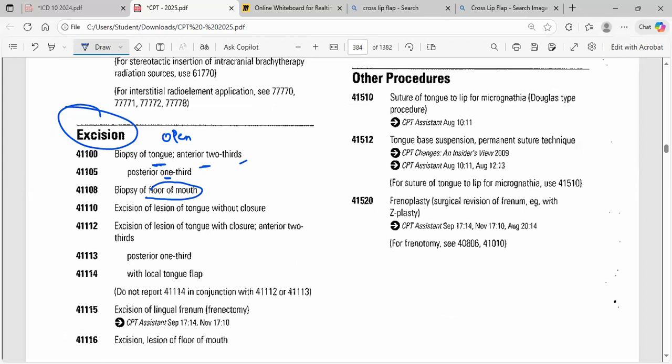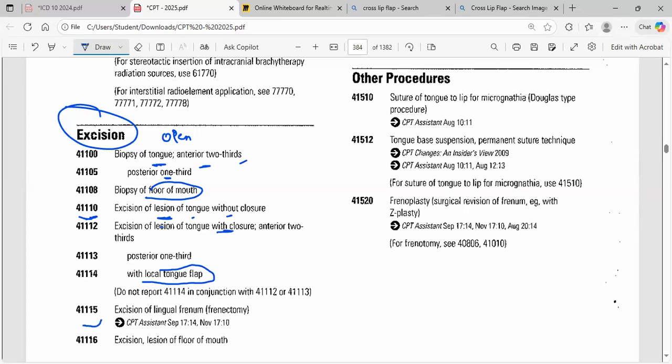So we have two different codes, one for the tongue and one for the floor of mouth. So 41100 is excision of lesion of tongue without closure. This one is with closure, and this one is closure with the tongue flap. That means tissue has been used from the tongue itself to close that area.